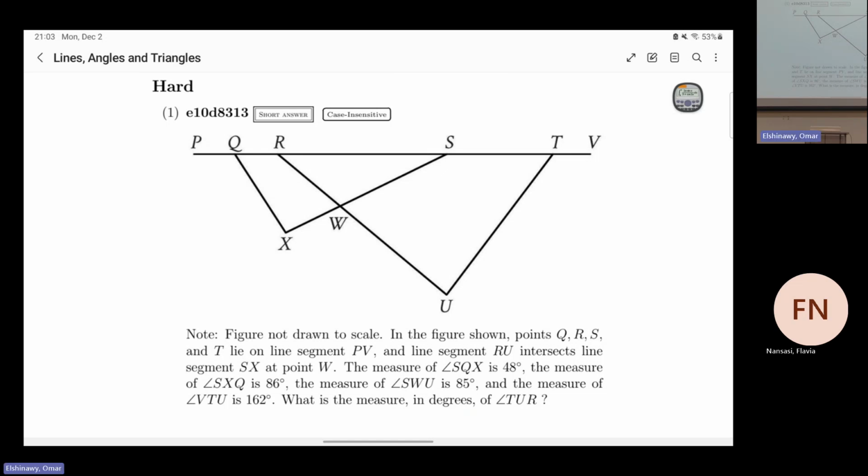For an exercise like this, the first thing I would recommend is to identify what we would like to find. Just try to identify the objective of the exercise, and then take a look at the givens that I have, and then see where this leads me.